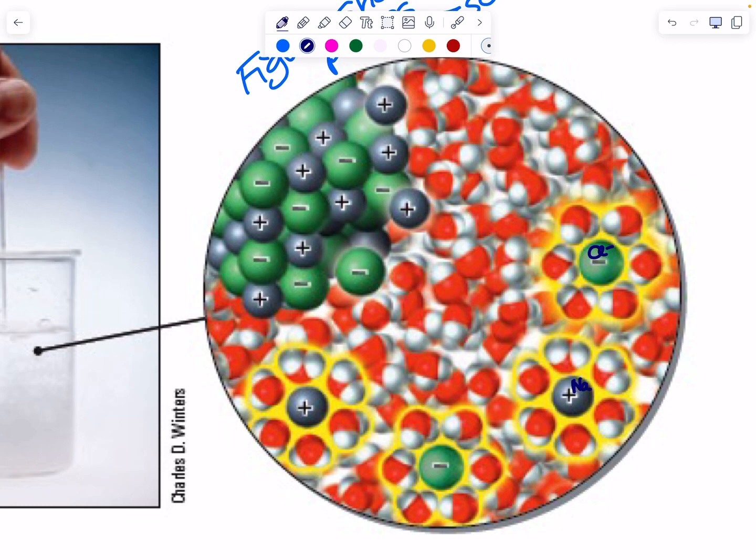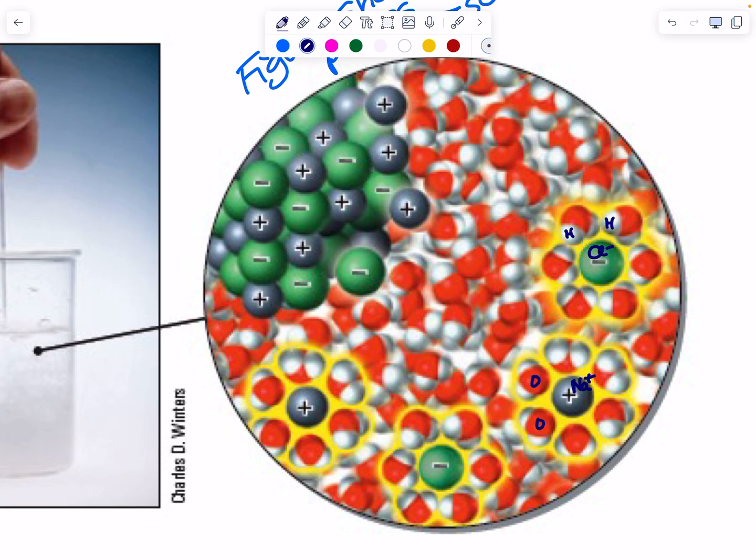What do you notice about how the waters arrange around the chloride ion, or how it differs from the way it's around the sodium? Yeah? The hydrogens are pointed in and the oxygens are pointed out. Right. So around the chloride, the hydrogens, these guys right here, are pointing towards the chloride. And with the sodium, it's the oxygens.